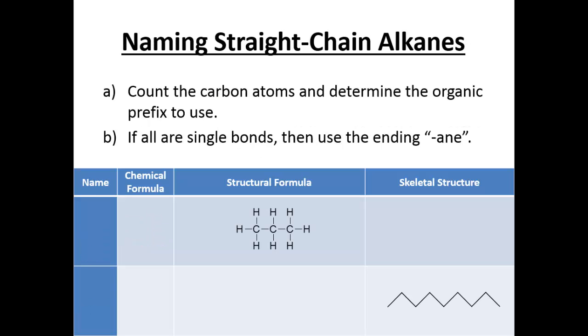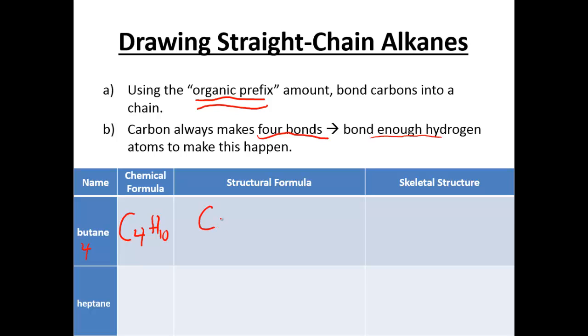So our structural formula, C4 with our 10 hydrogens, is now going to be shortened to the skeletal structure with just 4, 1, 2, 3, 4 zigzag, showing that each of these carbons would be the first, second, third, fourth. So at the end of each of those lines is what we're looking for there.